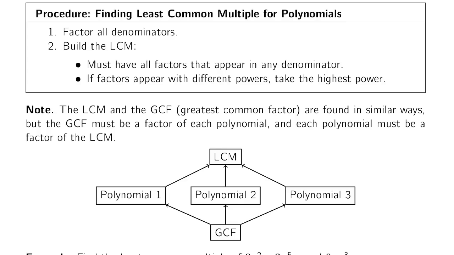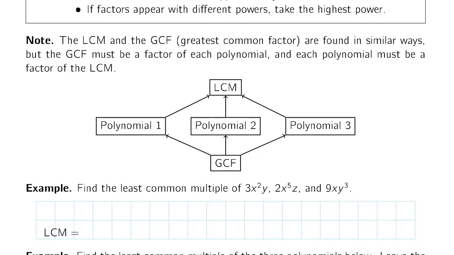Each polynomial has to go into the least common multiple. So we can think of them in this kind of hierarchy. The greatest common factor is, in a sense, underneath everything. The least common multiple is, in a sense, above everything. So let's see an example first with monomials, because monomials come automatically factored.